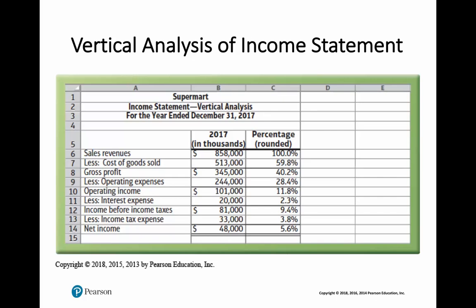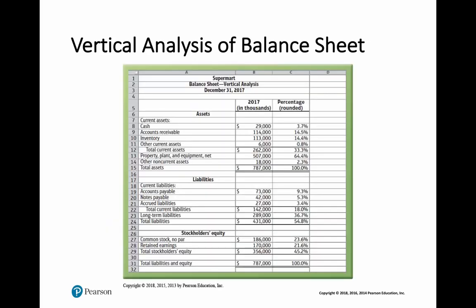So rather than looking at this sales figure of $2 million compared to theirs and saying they're doing worse because their sales are only $858,000, when they look at the percentages, that's going to even the playing field. So you can compare apples to apples, especially when you start talking about some of your expenses. Cost of goods sold, obviously, is going to go up if your sales are going up. But at what percentage, or what's our gross profit for every different location?